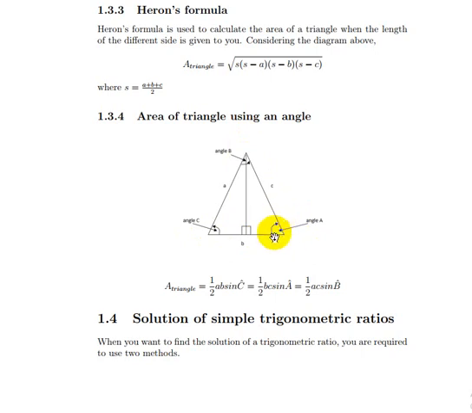This angle here is angle A. So the height can be calculated with respect to angle A. You see that the sine of A is going to be this height all over the hypotenuse, C. So the height will be the hypotenuse C times the sine of the angle A. In this case, the base is B. So to calculate the area of this triangle, you can use half BC sine of A.